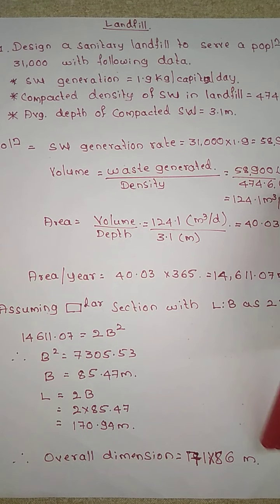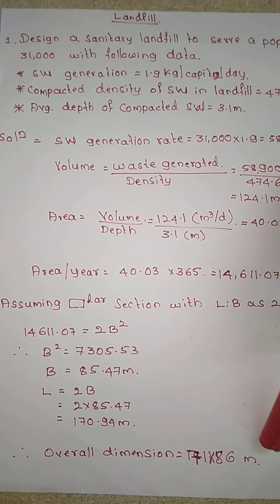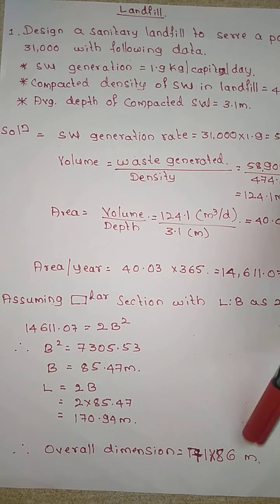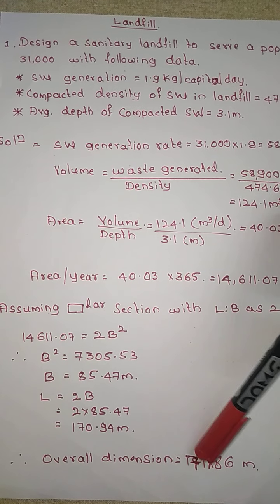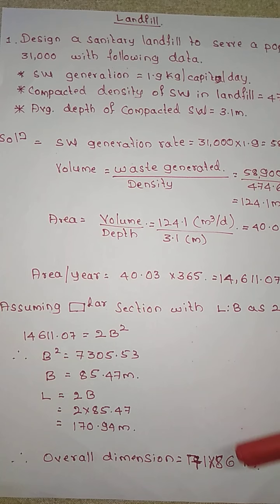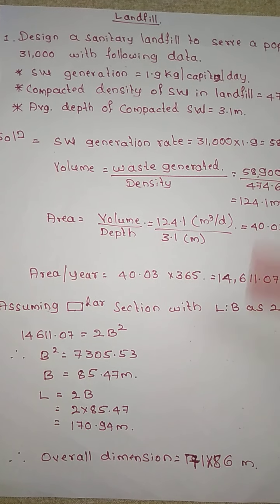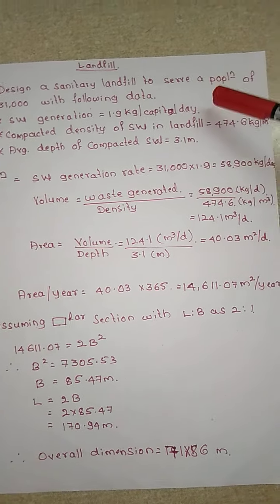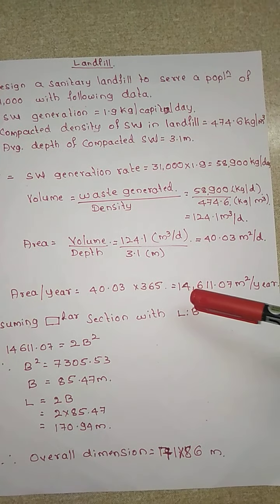If we multiply both, we get the area in meter square. We require a length of 171 meter and a breadth of 86 meter. This is how we have designed the sanitary landfill and found the area of a sanitary landfill.